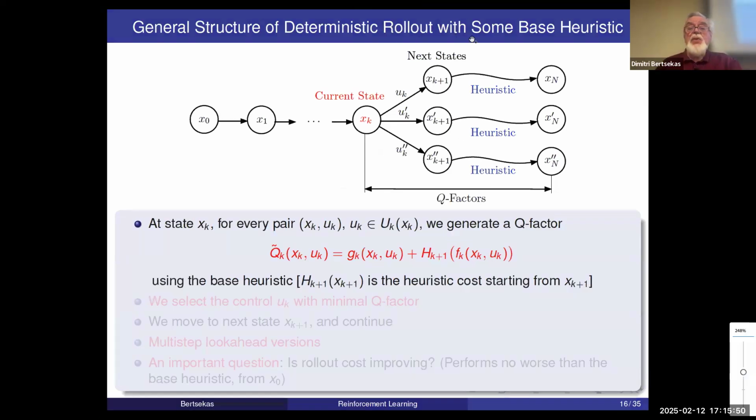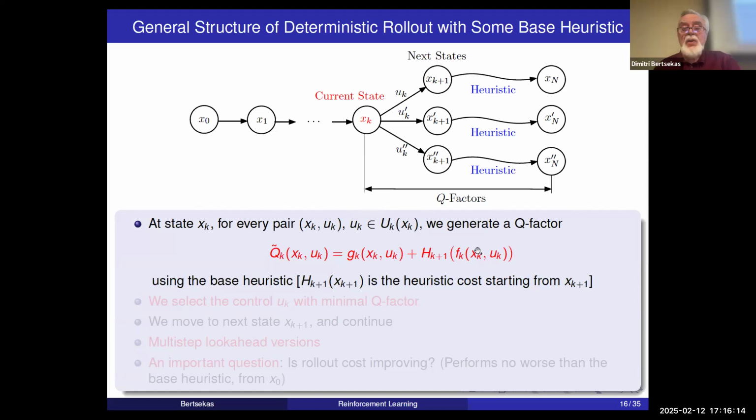Okay, the general structure of deterministic rollout with some base heuristic. We have seen this before. Basically, we generate a sequence of states, and at the current state xk, we look at all possible controls that lead to all the possible next states, and then we run the base heuristic from each one, and we calculate the cost of the first transition plus the cost of the heuristic from the next state.